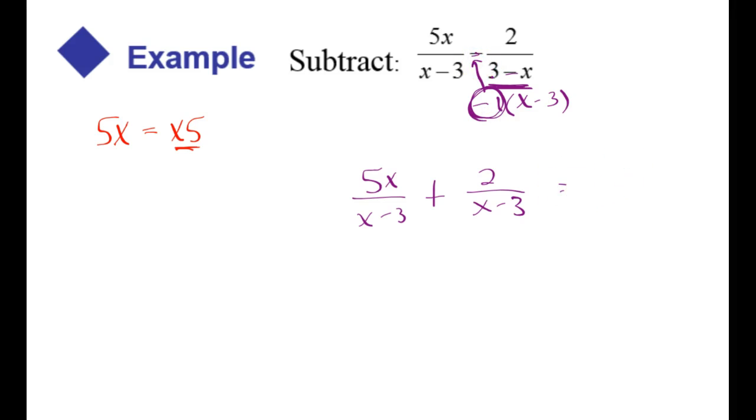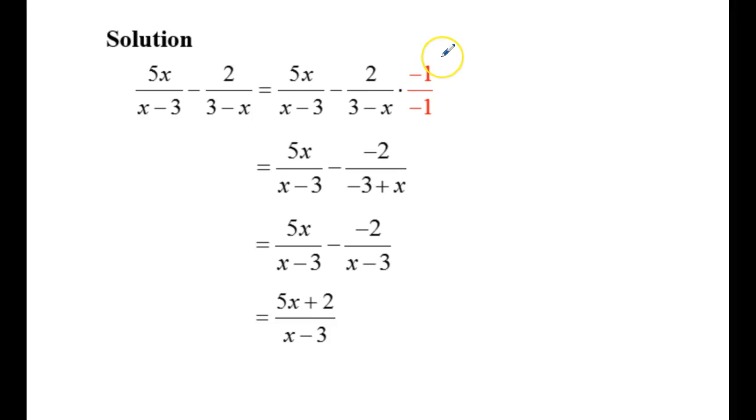Now I have common denominators, and this is just 5x plus 2 over x minus 3. So that's a nice little trick. It's probably the easiest way to work the problem, but if you see 3 minus x, think about factoring out a negative 1. Here's how the author chose to work through it, but again, right there, they're going to get that to be a positive 2.